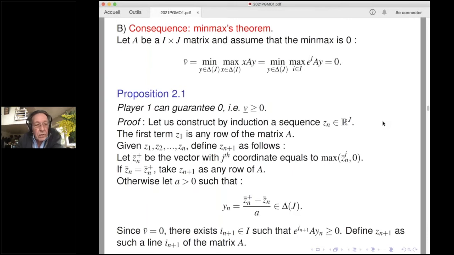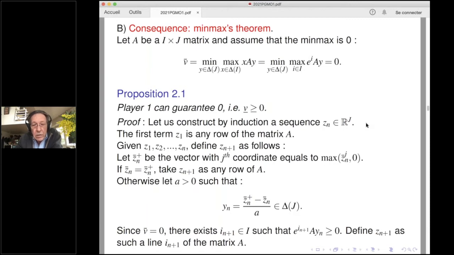And the way it works is as follows. We will construct a sequence z_n, and then we'll apply to this sequence the previous lemma. The sequence will be in R^J, so it's indexed by the set of strategies of player 2.